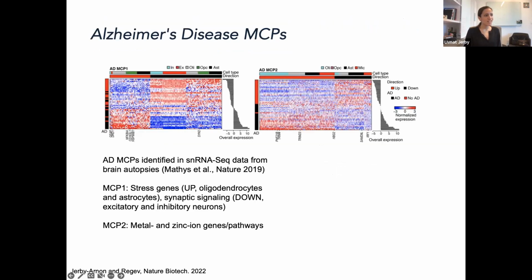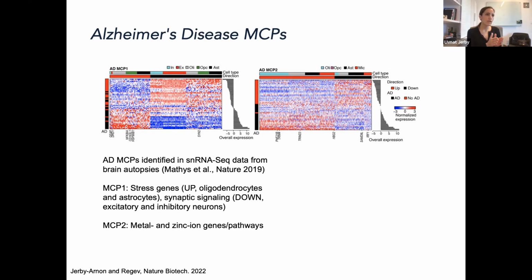And the last example that I want to show you comes from Alzheimer's disease. This is an application of DIALOGUE to single nucleus data from brain autopsies that were collected from Alzheimer's disease patients and individuals who were neurologically normal.